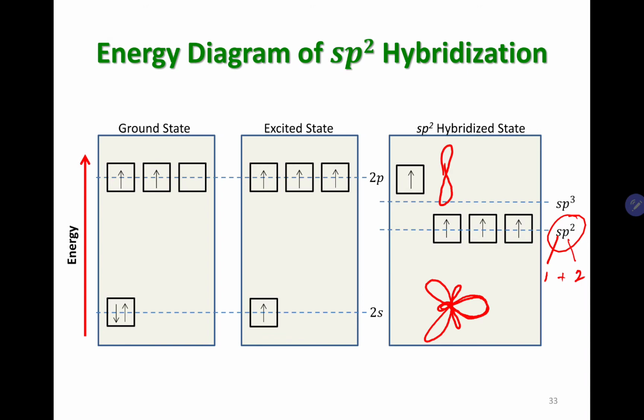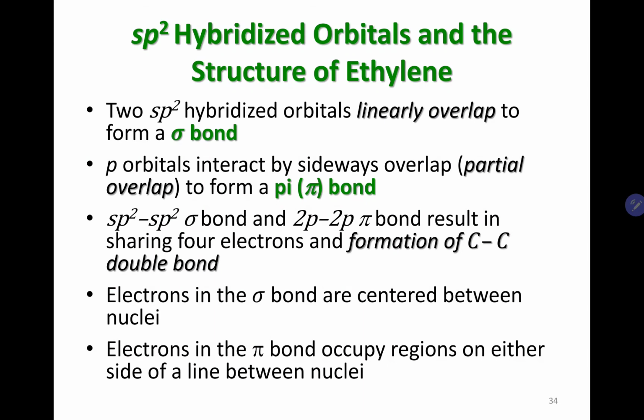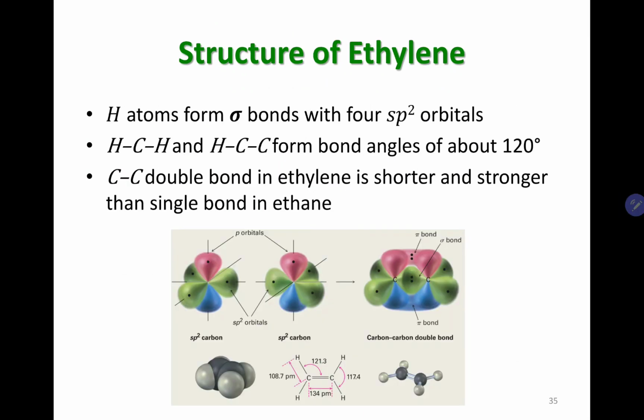I think I have an image in the next slide. Yeah, there we go. These green orbitals are the hybridized orbitals. Those three sp2 hybridized orbitals will stay in the same plane, in a trigonal planar shape, and your p orbital will be perpendicular to all three of them.